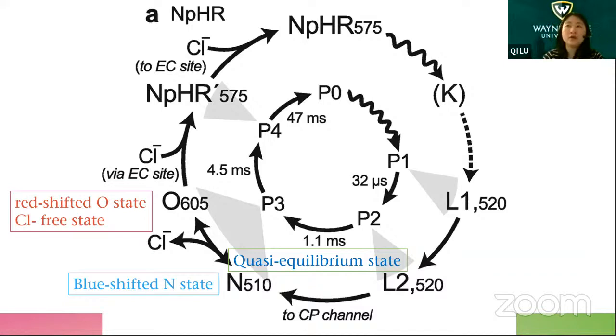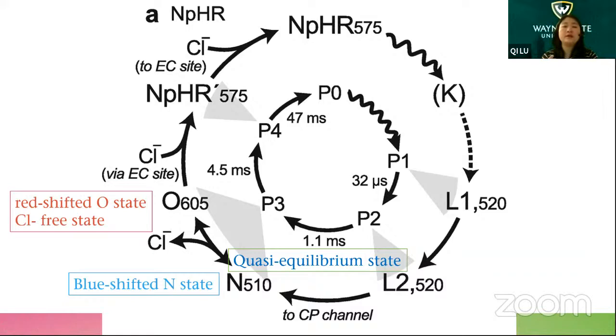And depending on the membrane potential or the concentration of the chloride, these two states can switch freely between each other. The N state is a blue-shifted state, and the O state is a red-shifted state.